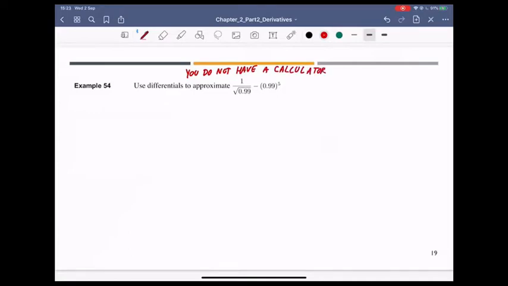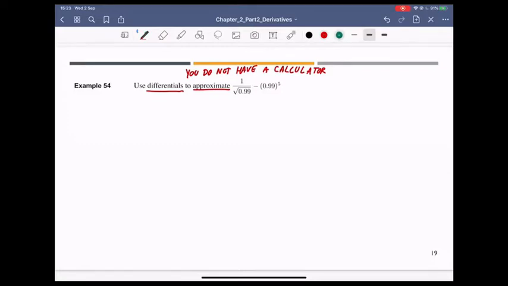You just need to use the differential to approximate this. This is what we are going to ask you on the homework and on the exam as well, because on the exam you cannot use the calculator. So we can use calculus to approximate this. I will show you how.